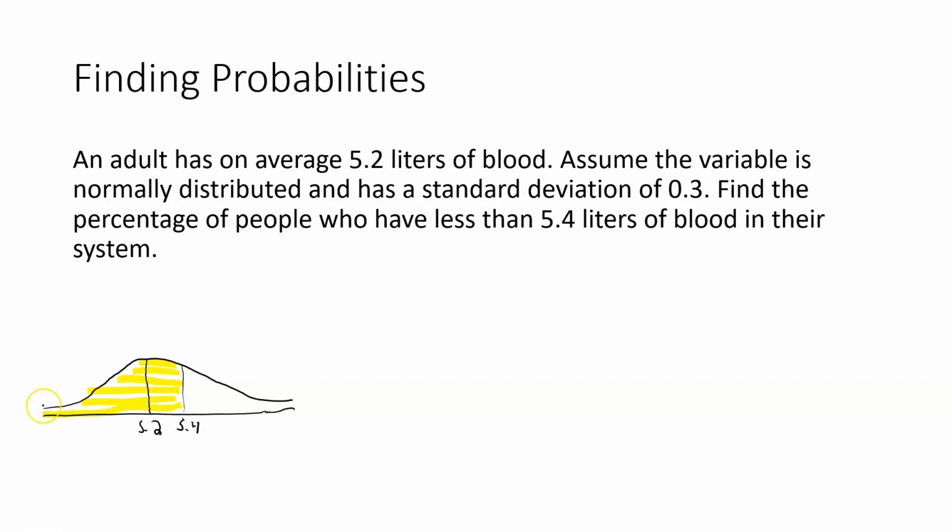So I have here a normal distribution with mu, the average, being 5.2. The standard deviation, sigma, is 0.3. And my x value, this time there's only one of them, is 5.4. So first thing I do is find the z-score associated with 5.4.